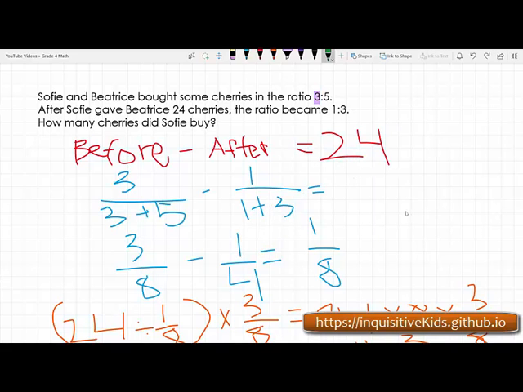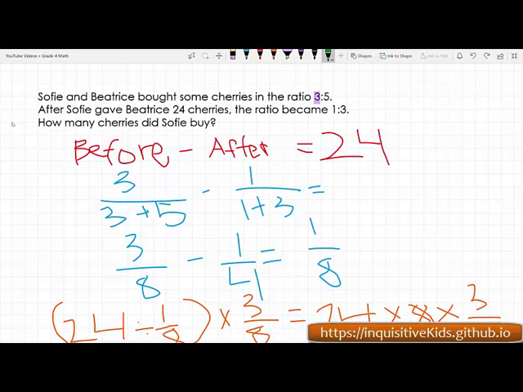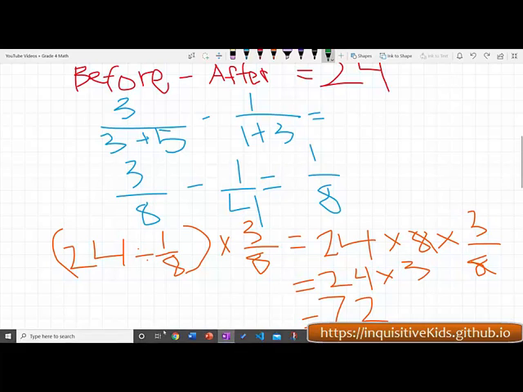In our fraction solution, we wrote down a before fraction and an after fraction, and we knew that the difference would give us 24. Then we found the fraction that represents 24 cherries out of the entire amount of cherries. And then we did 24 divided by 1/8 to get the whole, and then we found how much is 3/8 of the whole.